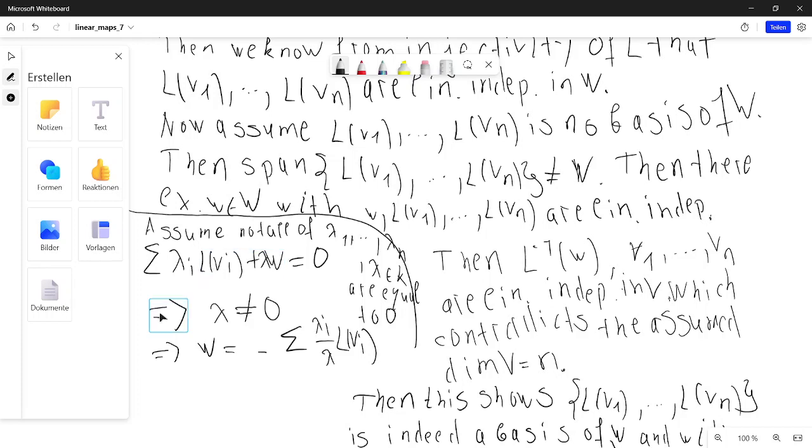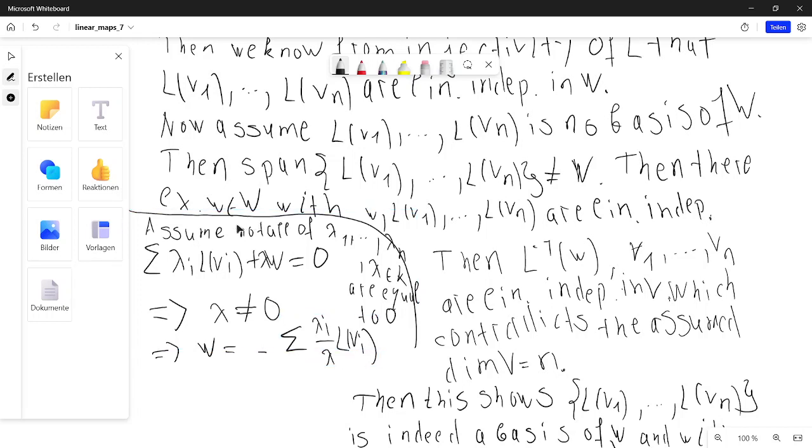Well, then we have concluded that it is impossible in this case, knowing the properties of the vectors involved, that lambda would be equal to 0. So lambda is not equal to 0, and hence under these assumptions we can rewrite this like this, and we get a linear combination that represents W. And that means exactly that W is in the span of these vectors.